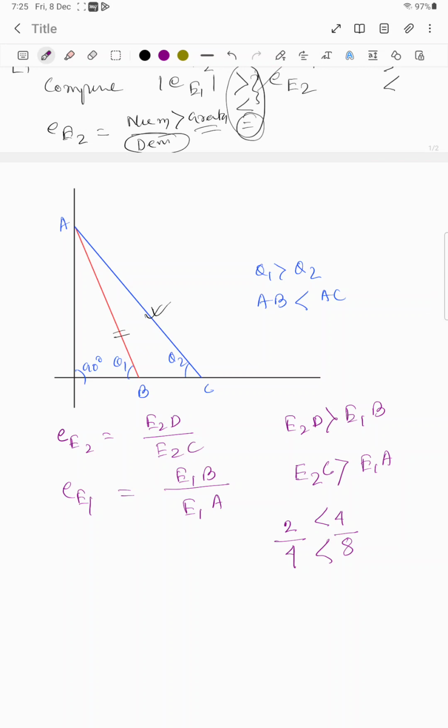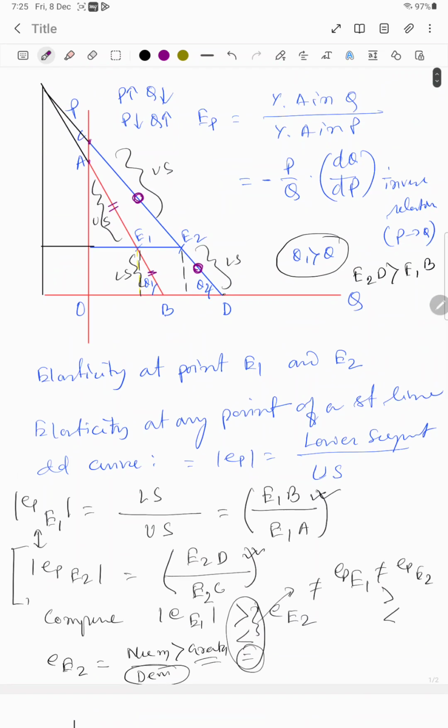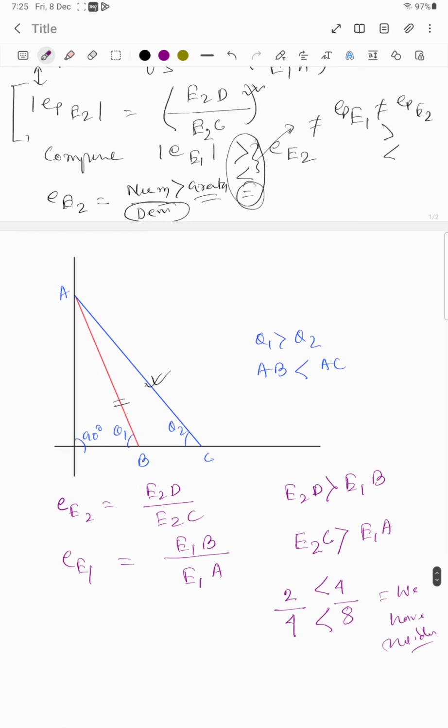Maybe it will be equal or maybe not. So whatever process I followed is not giving me a proper result. Just looking at this phenomenon, I cannot say whether E1 is equal to E2 or not.